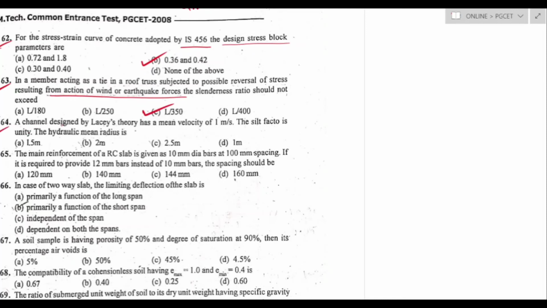Question number 64. A channel designed by Lacey theory has a mean velocity of 1 meter per second. The silt factor is unity. Then the hydraulic mean radius is? According to Lacey theory, the hydraulic radius is equal to 5 by 2 multiplied by v square by f, where v is the mean velocity and f is the silt factor.